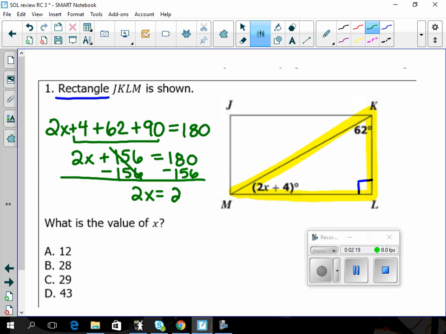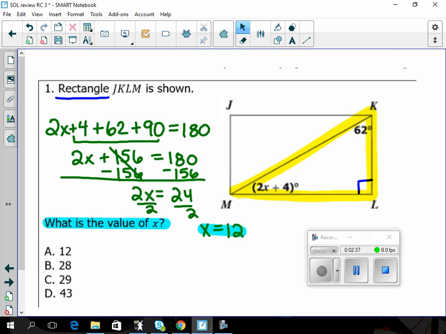And I get 24. We'll divide by 2, and I get that x is equal to 12. Well, we always have to double check that the question that's being asked is in fact x. Luckily for us, it's asking for the value of x, so the correct answer should have been A.